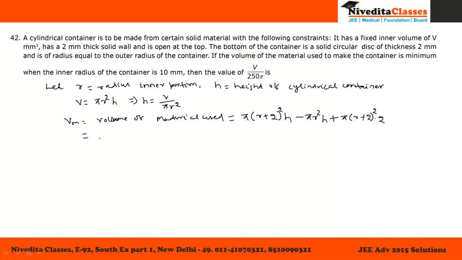This will be pi h into r plus 2 whole square minus r square, plus 2 pi into r plus 2 whole square.